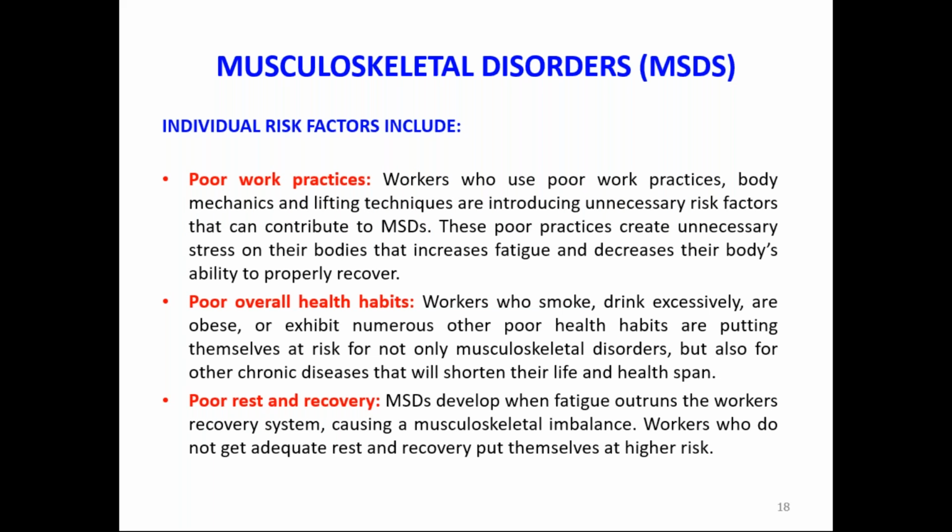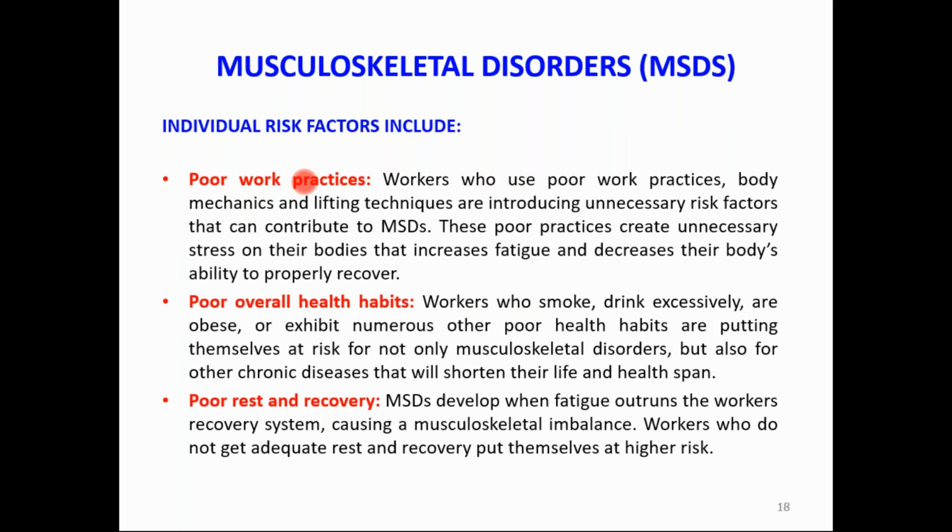So these individual risk factors include poor work practices, then poor overall health habits, and poor rest and recovery. The workers who use poor work practices, that is body mechanics, lifting techniques, are introducing unnecessary risk factors that can contribute to MSD. So already SOPs are involved, some specific guidelines are provided on how to do this particular activity and what exactly the steps should be.